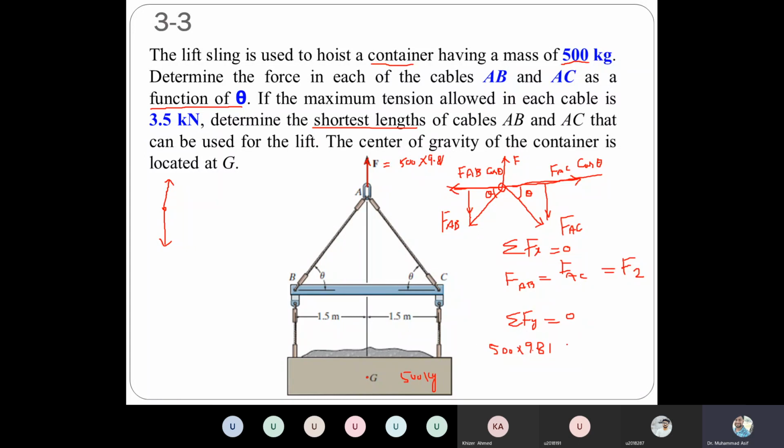So the positive should be equal to the other two components, which is 2 times F2 sine theta, because both are equal. So from here we can get F2. If you multiply by 9.8, it will come out to be 4905 Newton.